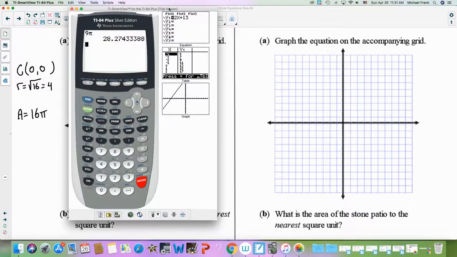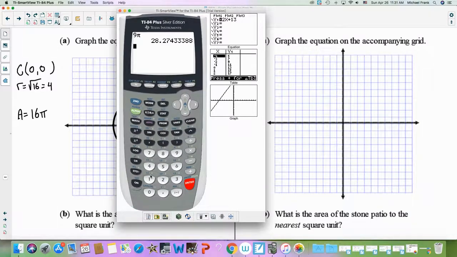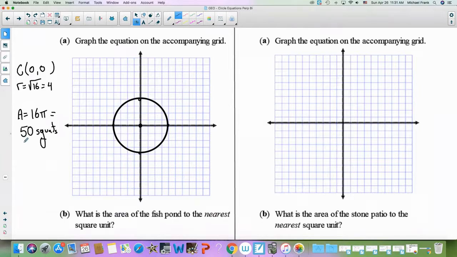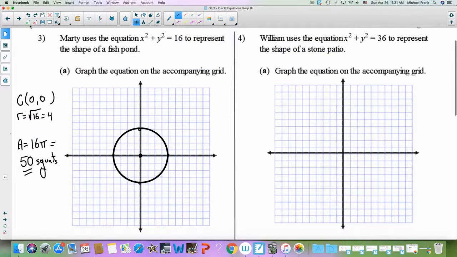So quite simply, we could put 16 pi into the calculator, hit enter, and it's going to be equal to 50 square units. All right, there you have it. Okay, pretty simple when the center of the circle is 0, 0.